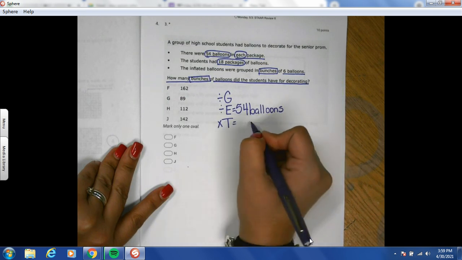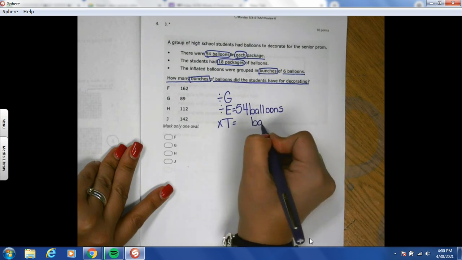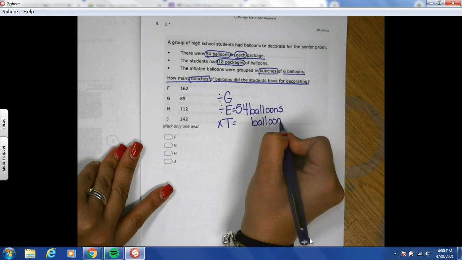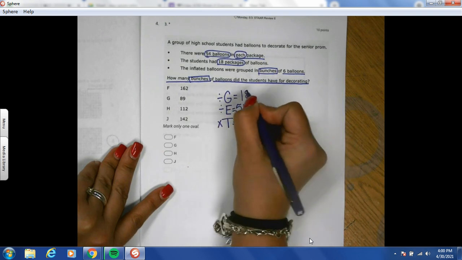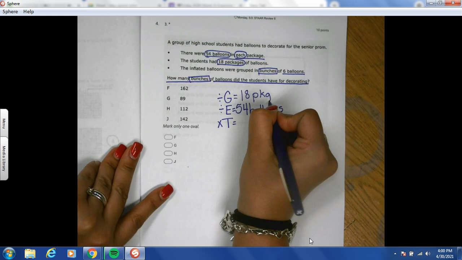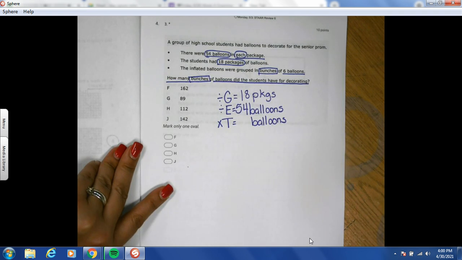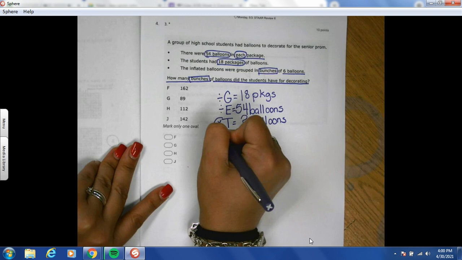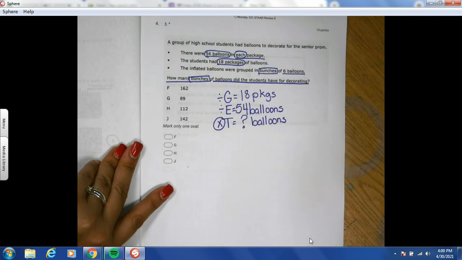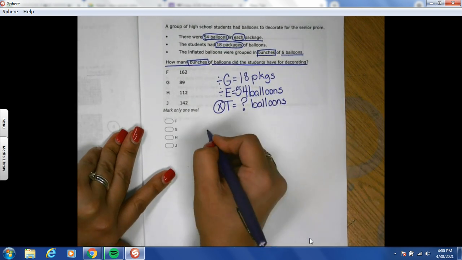The total and each have to be the same item. So they both have to be balloons. So the 18 packages is a group. So what am I going to do? I need to find the number of balloons they had all together. So I'm going to multiply 18 times 54.